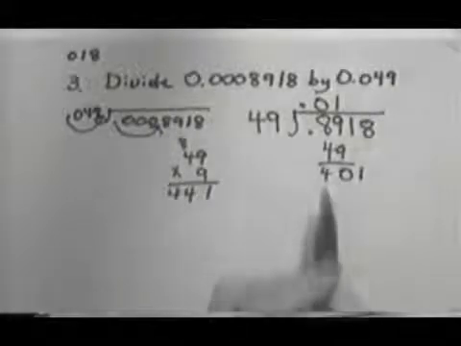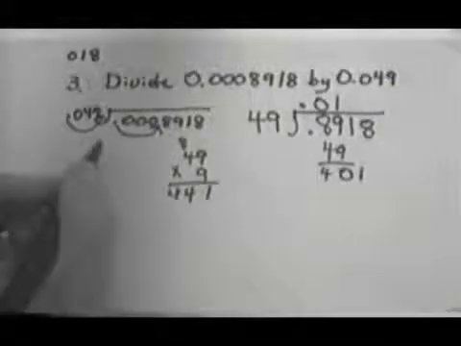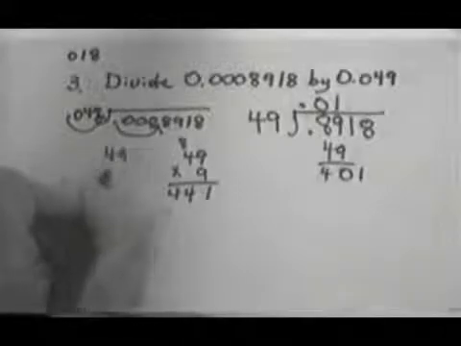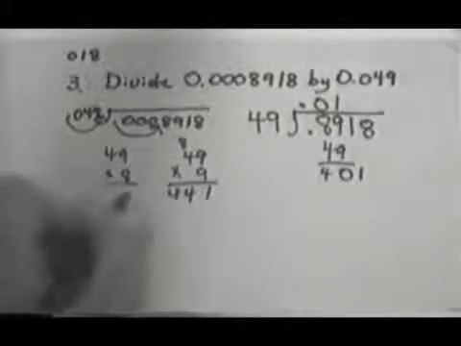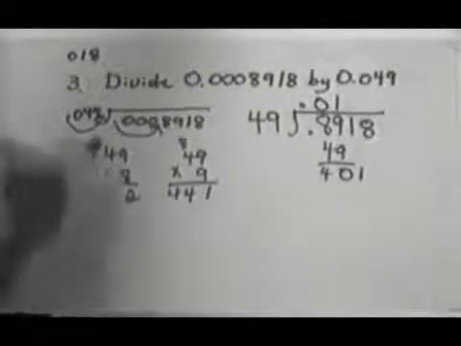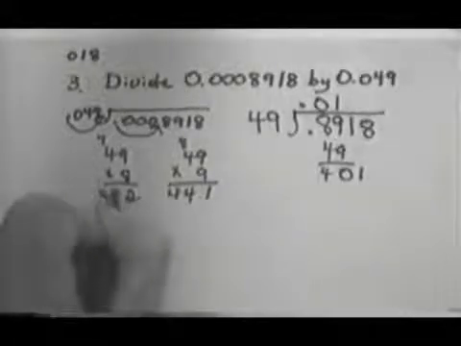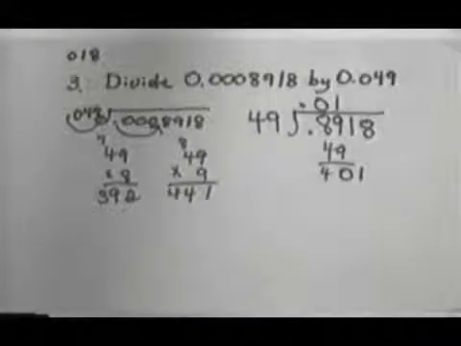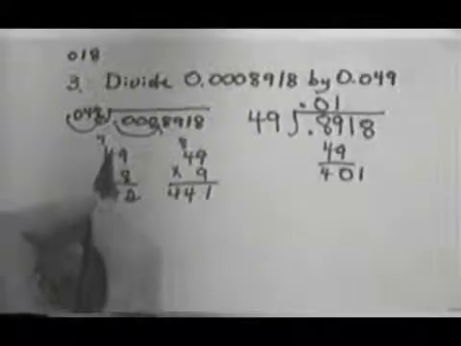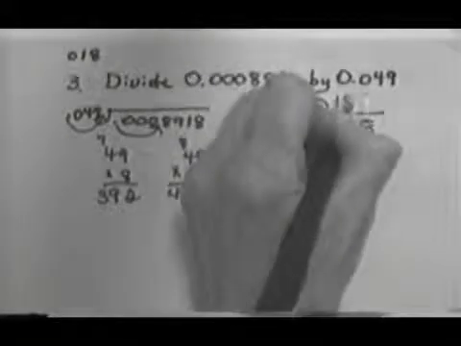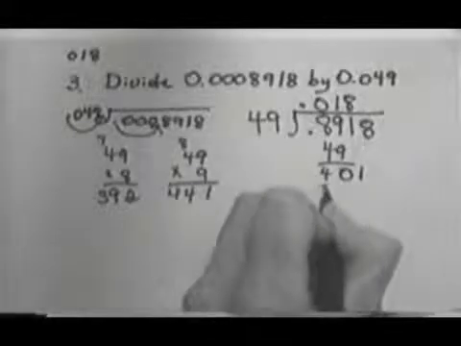That's pretty close, but just a little bit too big. So let's try 49 times 8. That's 72. Carry my 7. 32 and 7 is 39. That's probably going to be what I need. So let's say 49 times 8. Put our 8 here, and we got 392.